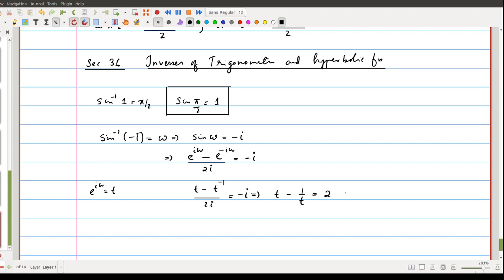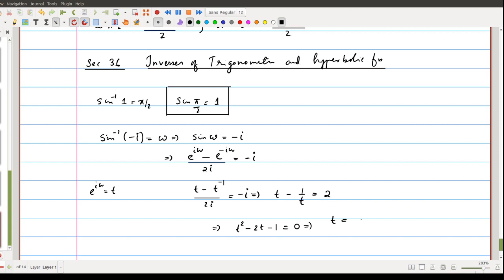That is 2 itself, because i square is minus 1. Now by simplifying and multiplying throughout by t, we have a quadratic equation, t square minus 2t minus 1 equal to 0. Using the quadratic formula, we can easily find t.